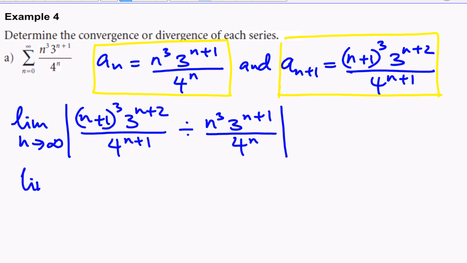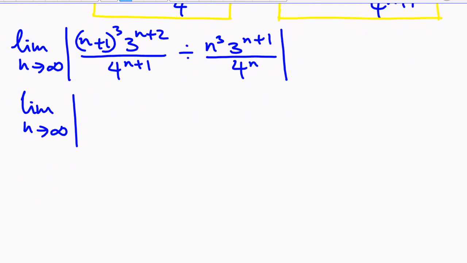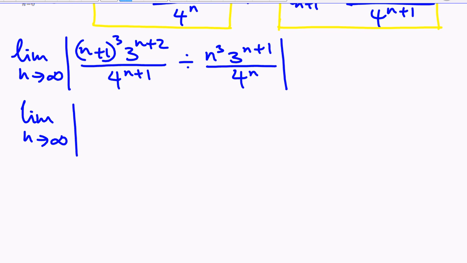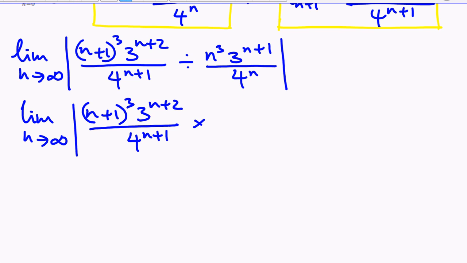This will be the limit as n approaches infinity of the absolute value of, now we change from division to multiplication, so the first bit will remain the same. This will be n plus 1 cubed 3 to the power n plus 2 over 4 to the power n plus 1 multiplied by 4 to the power n over n cubed 3 to the power n plus 1.